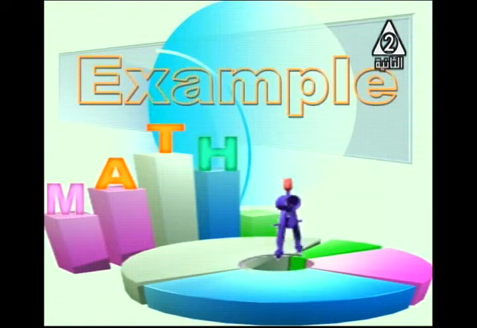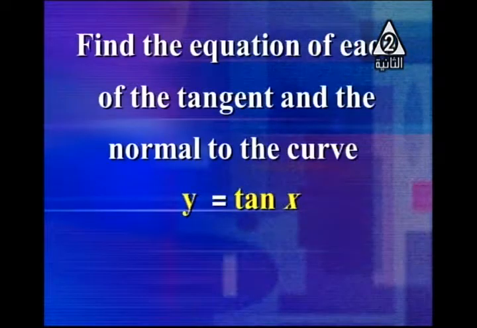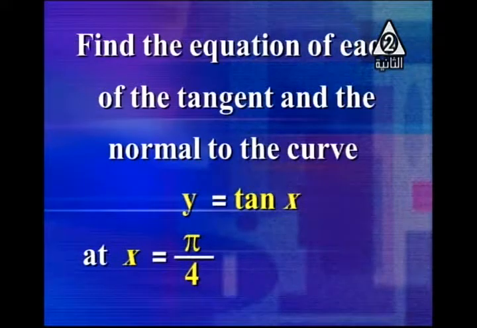Example. Find the equation of each of the tangent and the normal to the curve y equals tan x. Find the equation of each of the tangent and the normal to the curve at point x equals pi over 4. What do you mean, pi over 4 equals 45 degrees? Pi is 180. The requirement is to find the equation of each of the tangent and the normal to the curve.